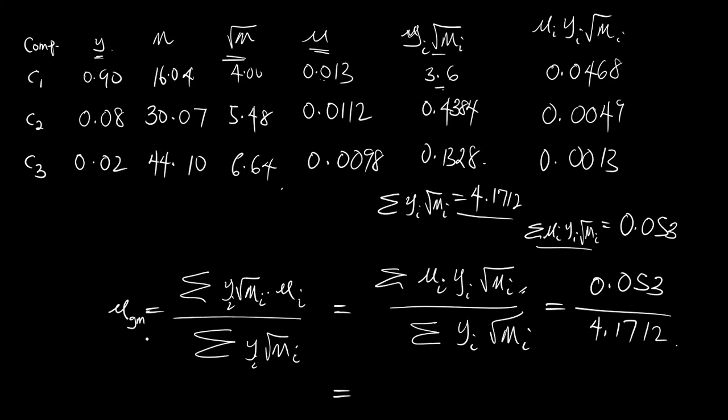So the viscosity of the gas mixture will be equal to 0.0535 divided by 4.1712, which gives us 0.0127. So that is the answer.